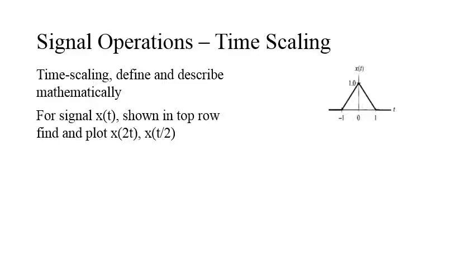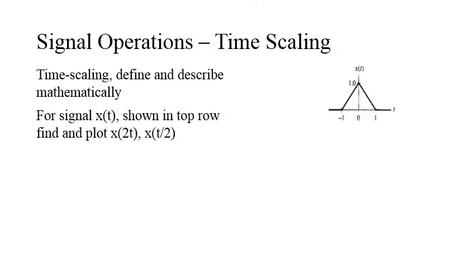So let's write it. What will be the equation? Because this is linear, we can find the linear function. So using linear geometry we can define the mathematical description for this signal, right?